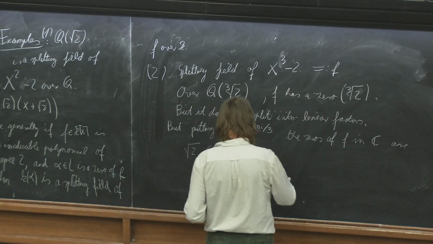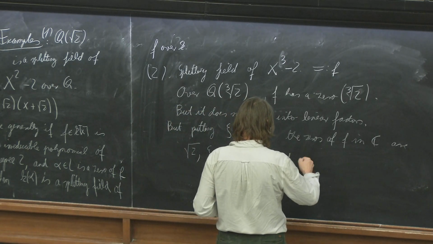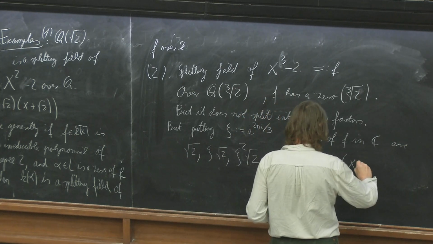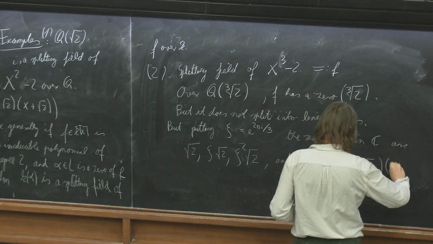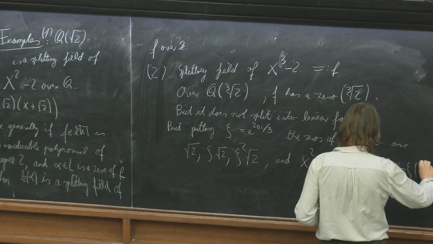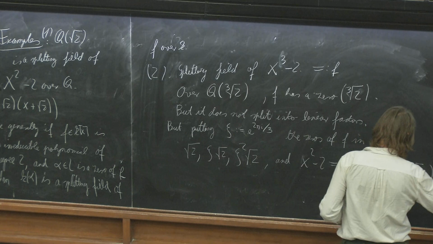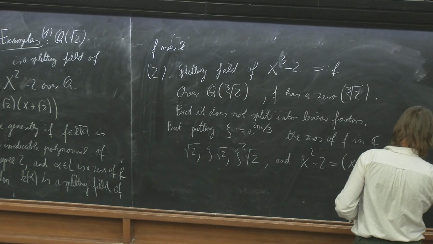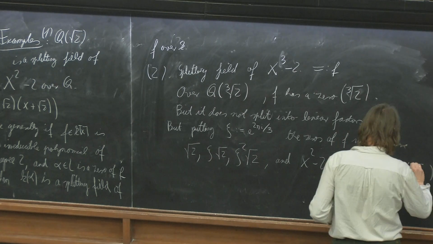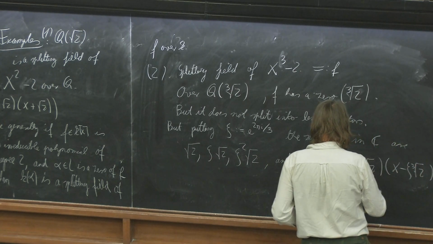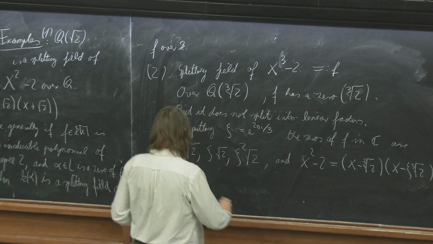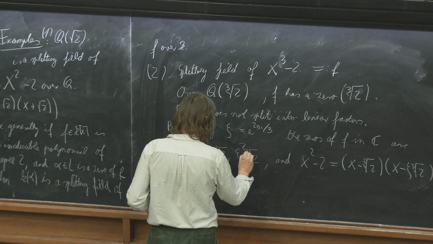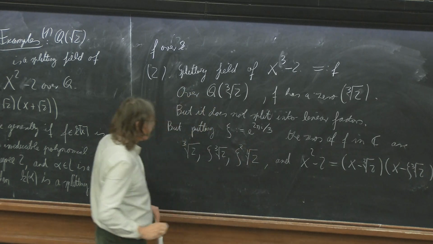So now x squared minus 2 x minus the cube root of 2. I don't know why I always write square root. Okay.